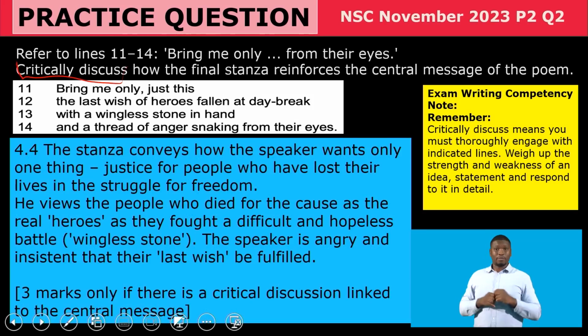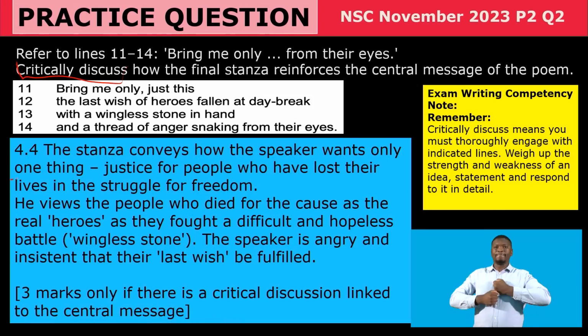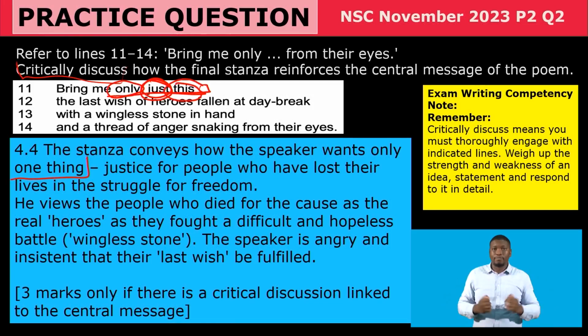The stanza conveys how the speaker wants only one thing, as in bring me only just this. The words just this, one thing, right? Justice for people who have lost their lives in the struggle for freedom. So this is what the speaker wants. This is the one thing that he wants.